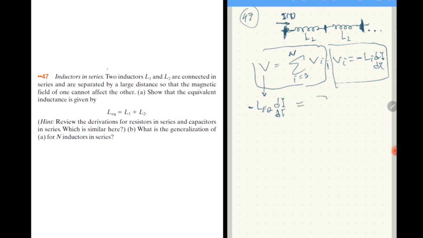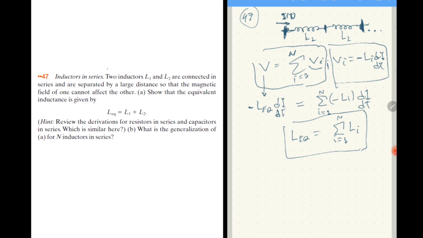This equals the summation over i from 1 until n, and let's substitute V for each inductor, which equals minus the inductance of each inductor times the derivative of the current with respect to the time. And once we take out the variation of the current, we finally get that the equivalent inductance equals the sum of the inductance of each inductor. So this is the expression to show.